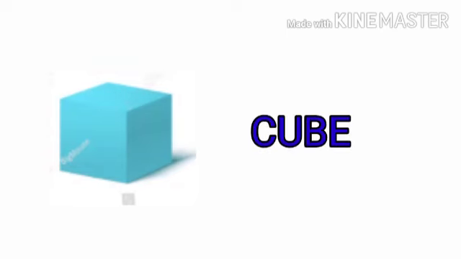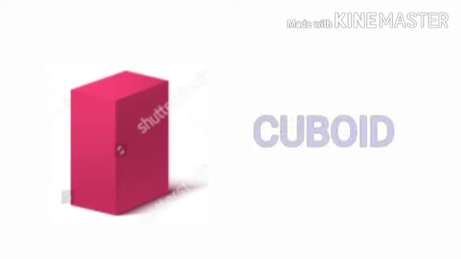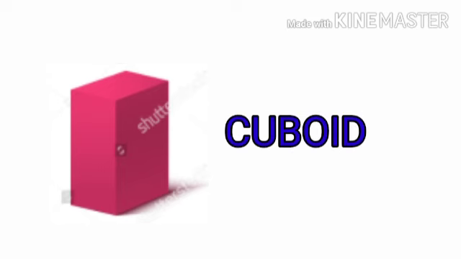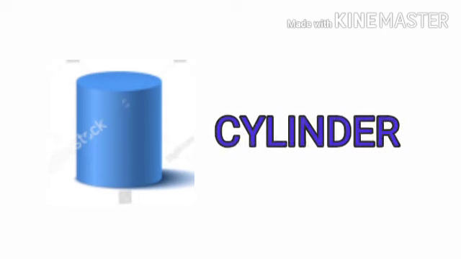Children, let us see 3D shapes. The first shape shows us a cube. The second shape shows us a cuboid. The next shape shows us a cylinder.